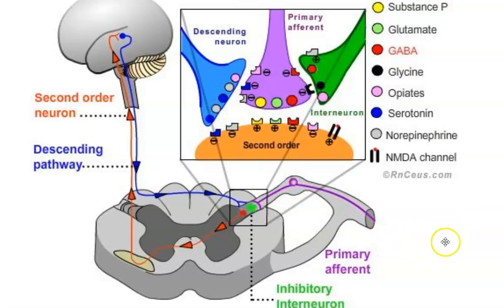And we'll start with what we call this primary afferent. So this is information coming in from the body. So let's say that this is at your finger, and you pricked your finger, and now that information is coming in. Those nociceptors are active, and then that's synapsing here, and then sending the information up.